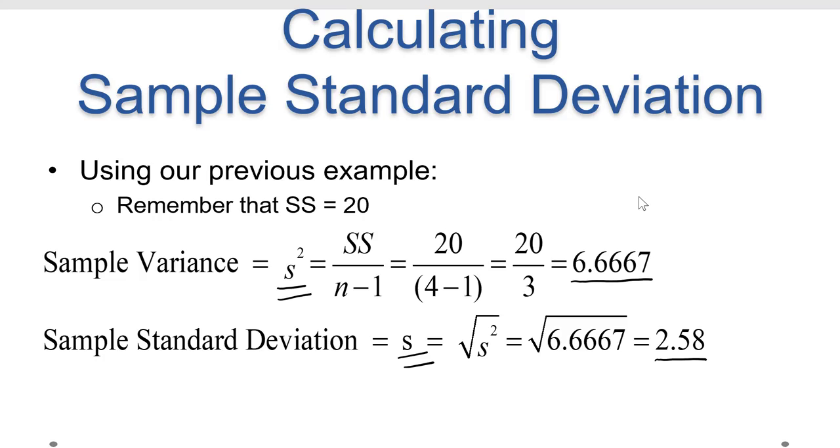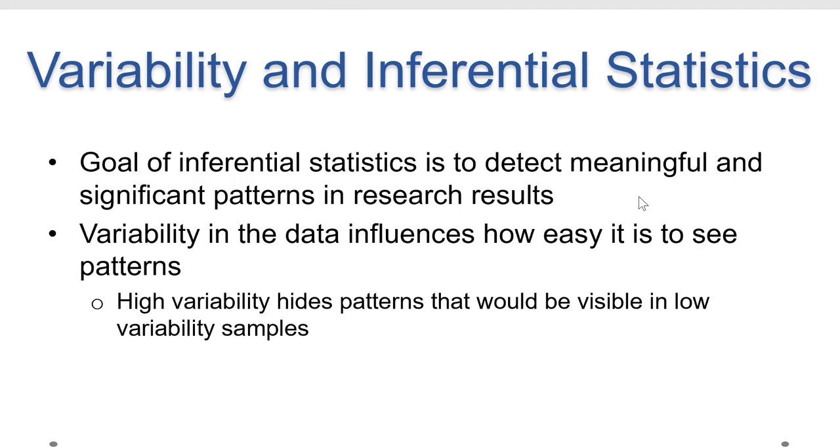Standard deviation can be difficult to interpret as a single number on its own. Basically, a small standard deviation means that the values in the data set are close to the middle of the data set on average, while a large standard deviation means that the values in the data set are further away from the middle on average. Why does this matter? Another goal of inferential statistics is to detect meaningful and significant patterns in our data.